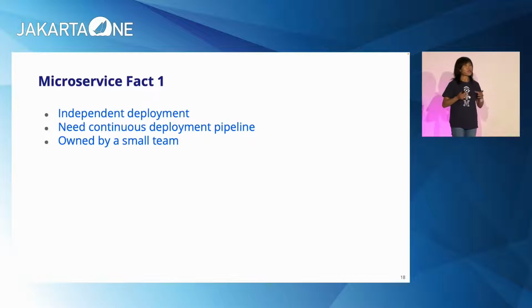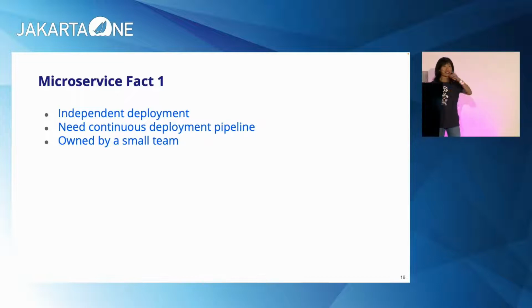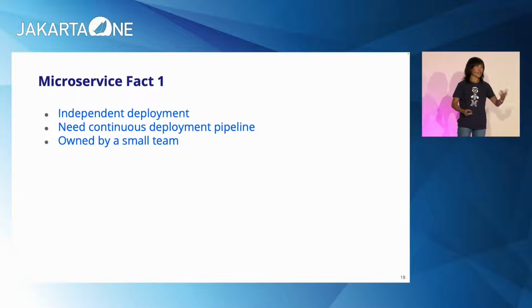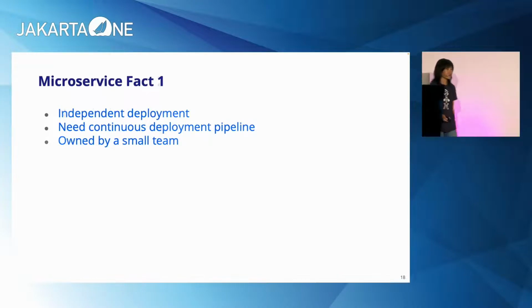It's also owned by a small team. If one big team owns many microservices, eventually you aggregate and synchronize them and release at the same time again. You're just not doing microservices correctly again.